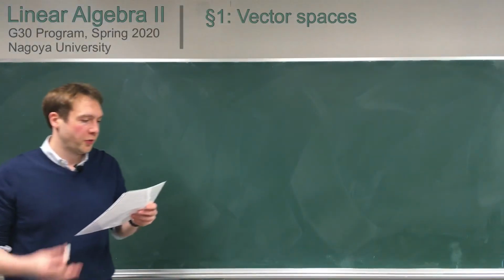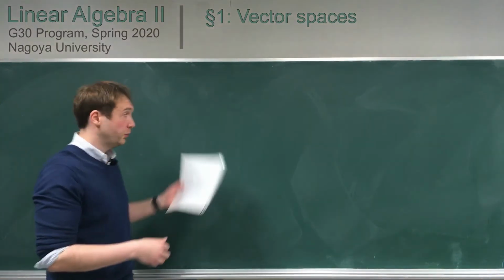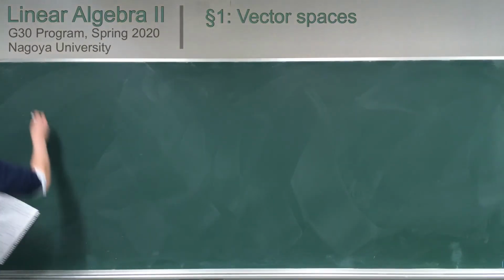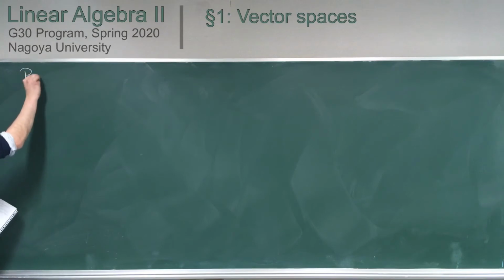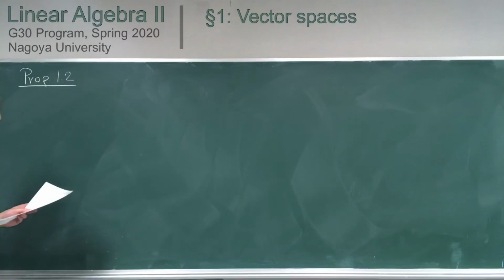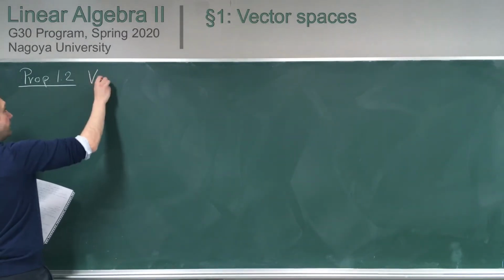Okay, so now we want to prove some properties which follow from the definition of a vector space. So this will be proposition 1, 2. So let V be a vector space.